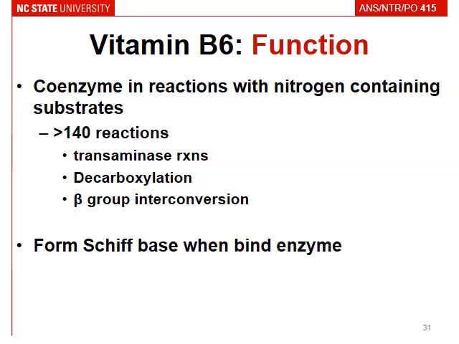So it's pretty significantly involved in our amino acid metabolism. We need it for over 140 reactions, so anything where we have transaminase, decarboxylation reactions, or beta group interconversions, all of that requires a B6 coenzyme. And it primarily is forming a Schiff base when it binds the enzyme.